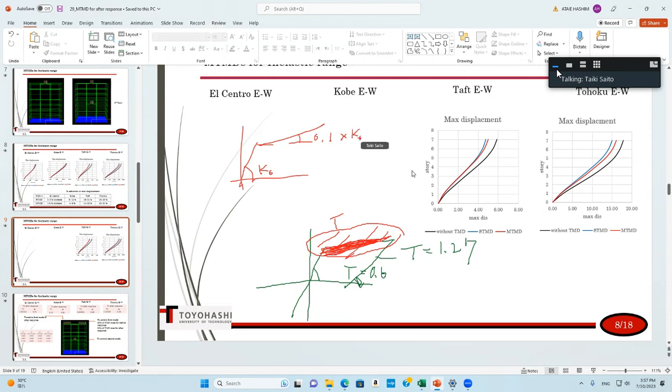In this case, natural period is T0, and this T1 will be square root of 10 times T0.